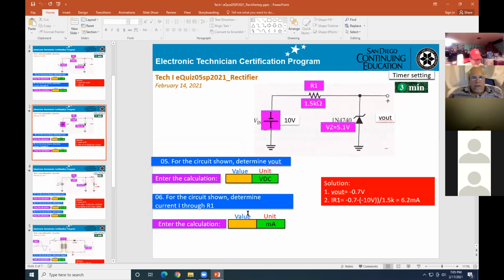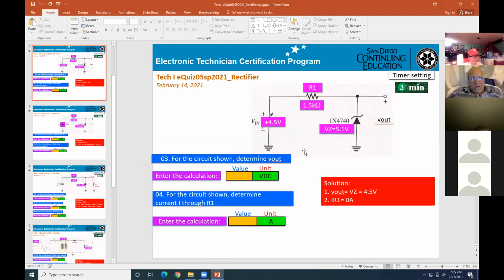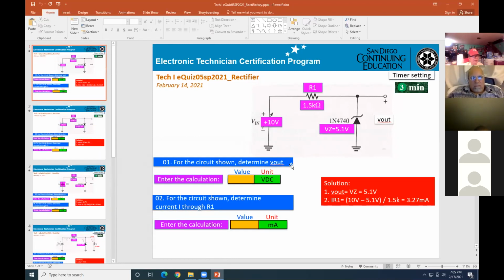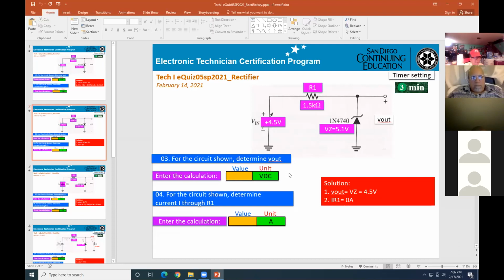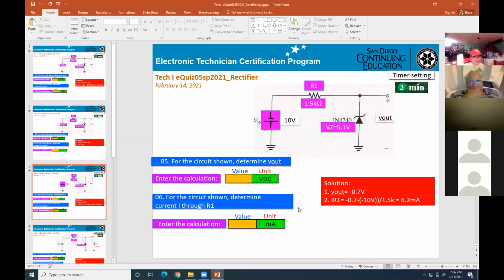It's not synchronizing. Your solution's answer says number 1 and number 2. Let's see. Number 3, solution 4. Wait a second. 3 and 4. Okay. And 5 and 6.